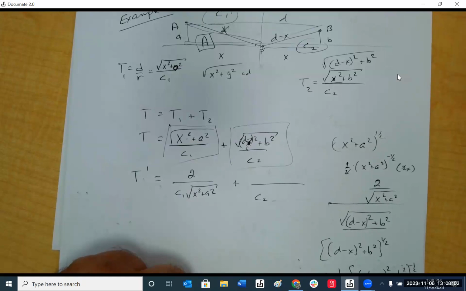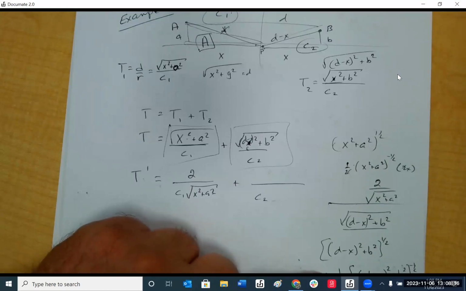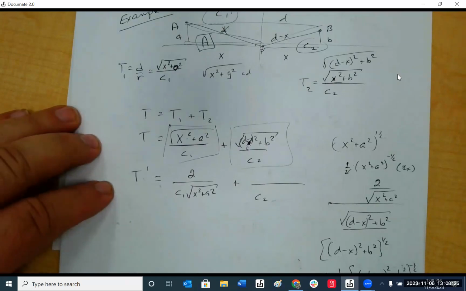So that becomes -2 times distance minus x, all over 2 times the square root, so the 2's cancel.